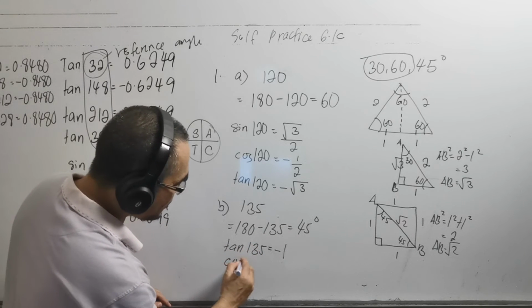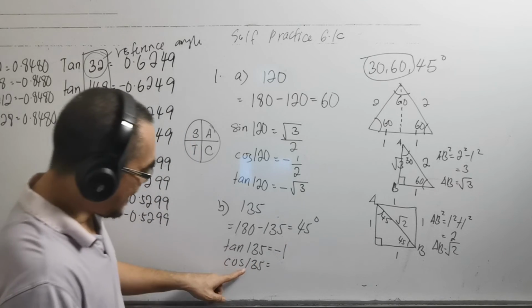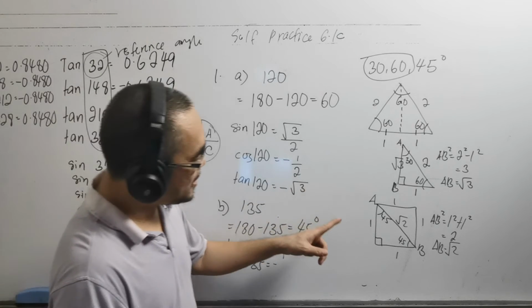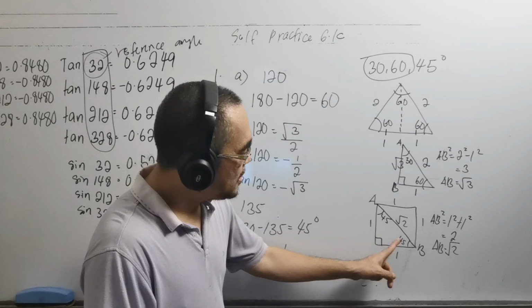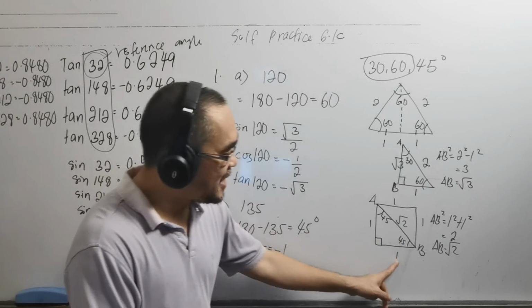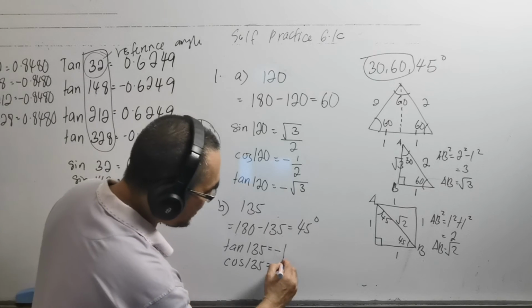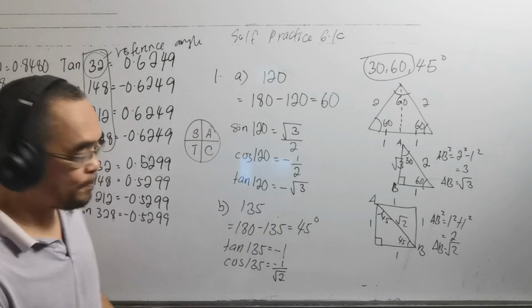How about cos 135? In the second quadrant, cos is negative, and we look at 45. Cos is adjacent over hypotenuse. Adjacent is 1, hypotenuse is square root of 2.